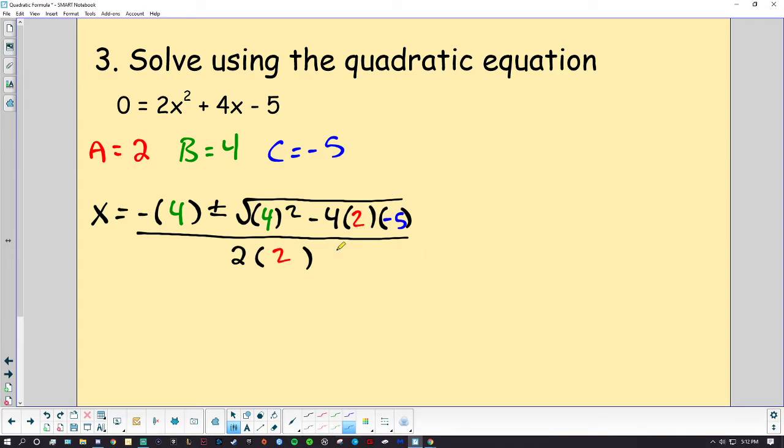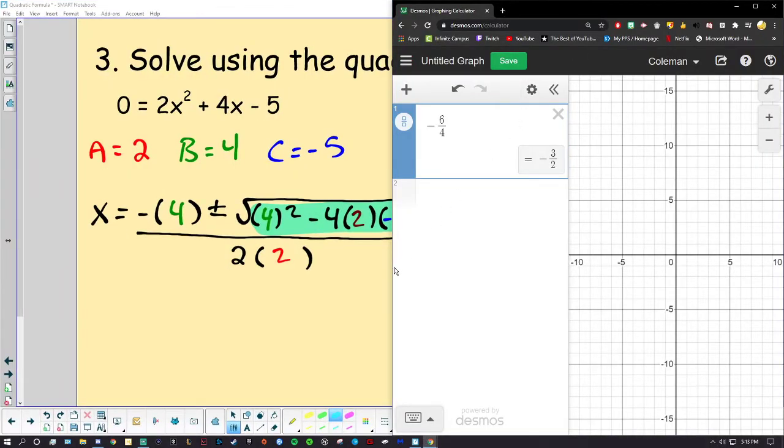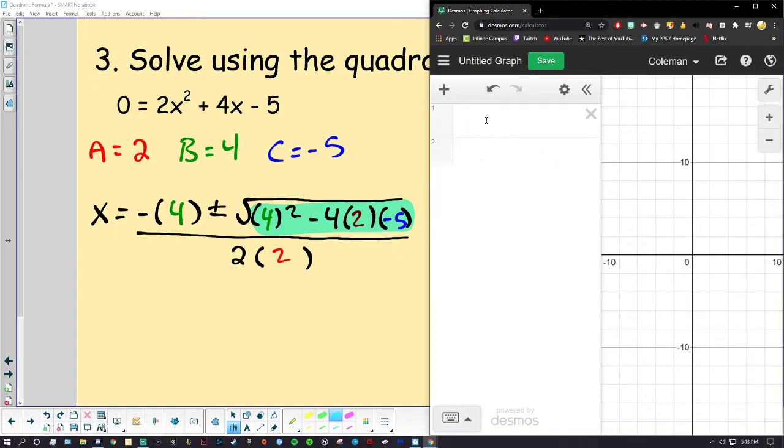Okay, from here, it's time to let Desmos do the hard stuff. Simplify everything underneath that square root so we can get that junk out of here. So, let's do it. 4 squared minus 4 times 2 times negative 5 all simplifies to 56.